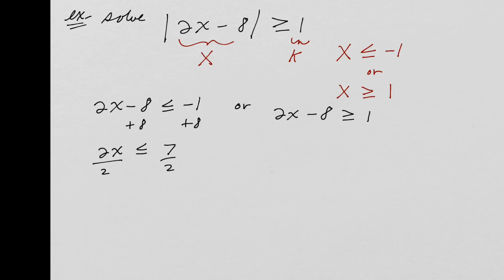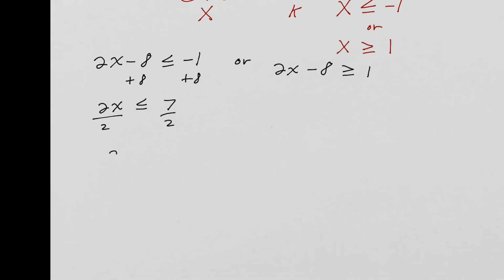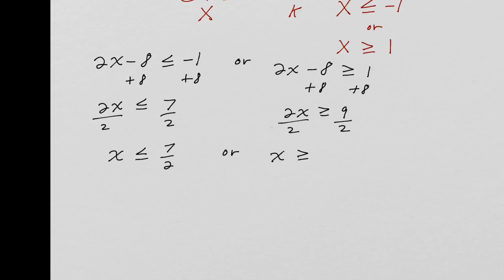Divide by 2. So one answer is x is less than or equal to 7 halves. Or, and in this one, I'll add 8. I get 2x is greater than or equal to 9. Divide by 2. So x is greater than or equal to 9 halves.